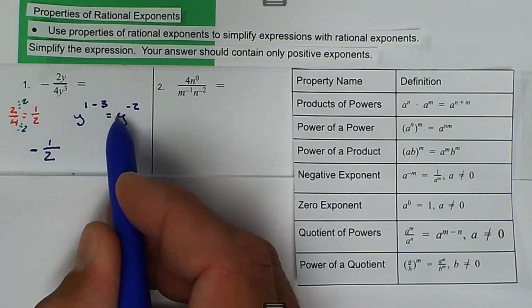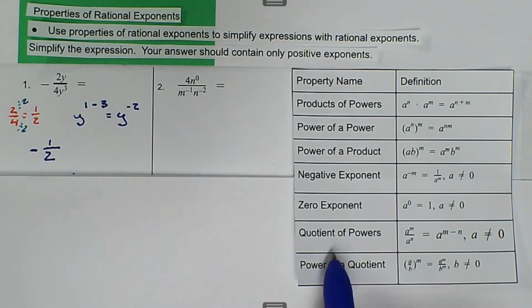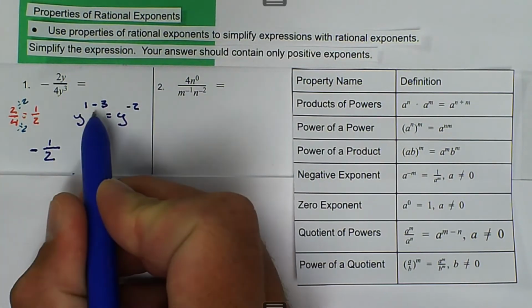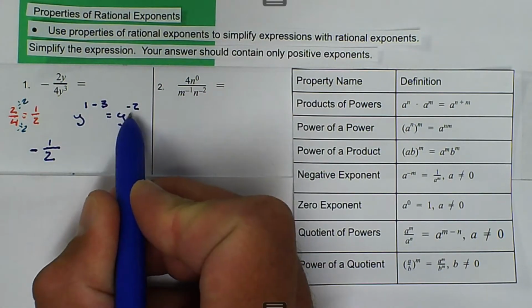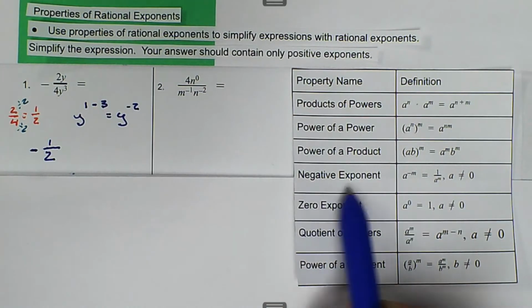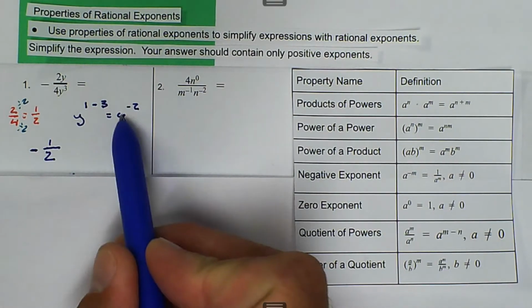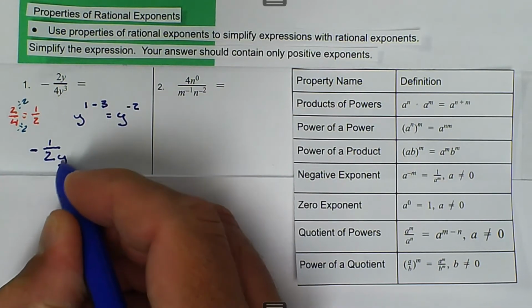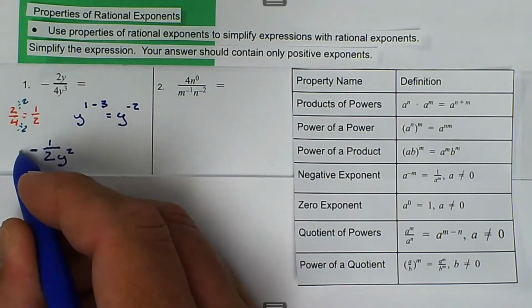And then we used the quotient of a power. So we said y to the 1 minus 3 gave us negative 2, but that's understood in the numerator. So now we can use the negative exponent, and we can take that in the numerator and move it to the denominator with a positive exponent.